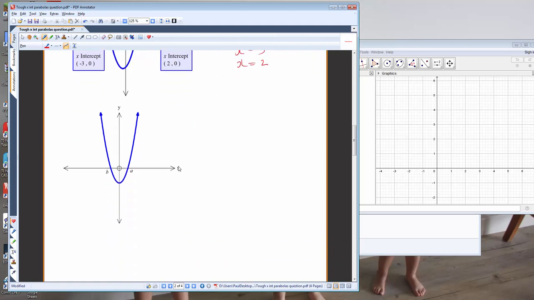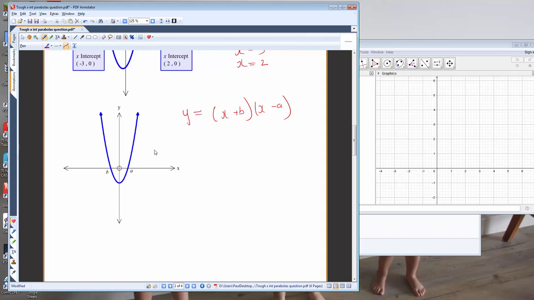Alright, so here's the tricky problem, or the first of the really tricky ones. What a lot of students think is, because this b value here is on the left side of the origin, or in the negative side of x, that the equation would be (x + b)(x - a).